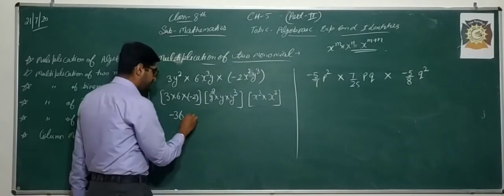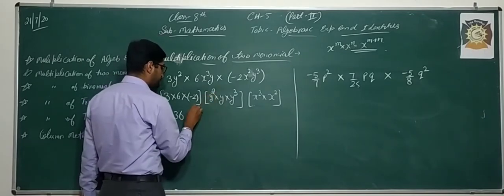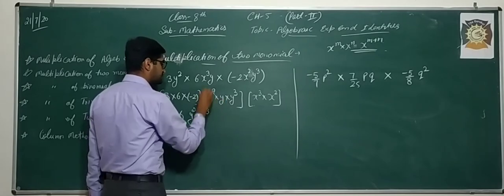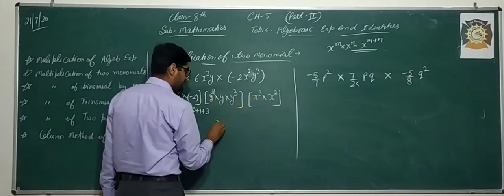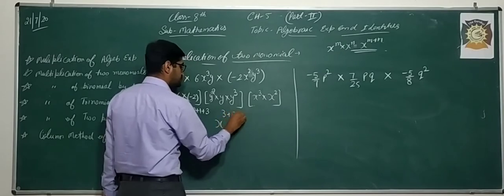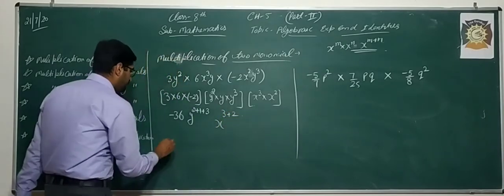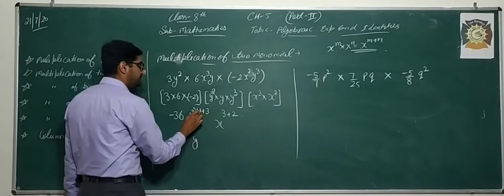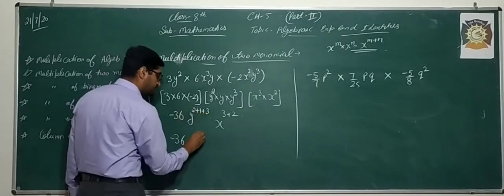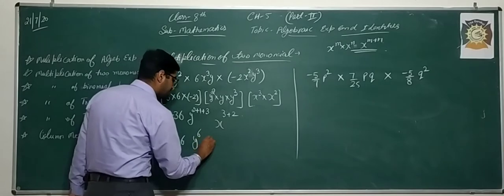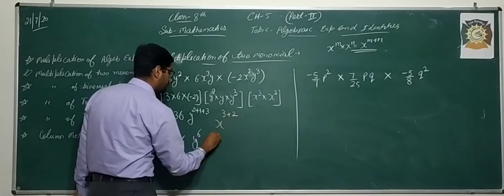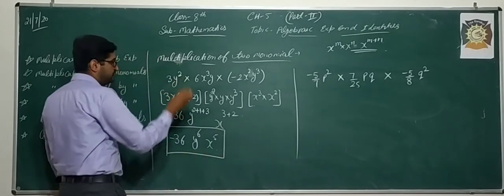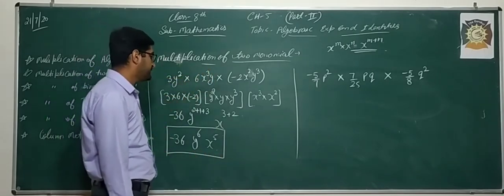So this will be y power 2 plus, this power is 1, and plus 3, and here this is x power 3 plus 2. Okay, now minus 36 y power 3 plus 1, 4, and plus 2, 6, and x power 3 plus 2, 5. So this is the product of these three monomials.